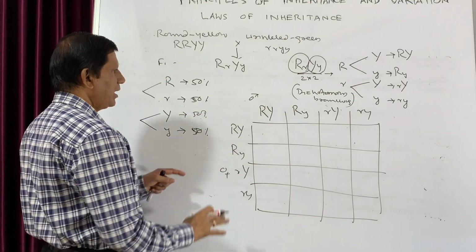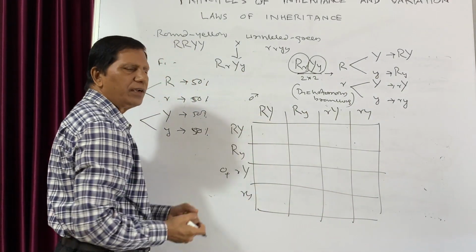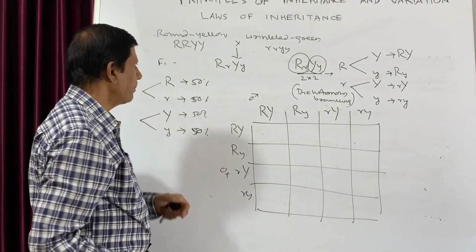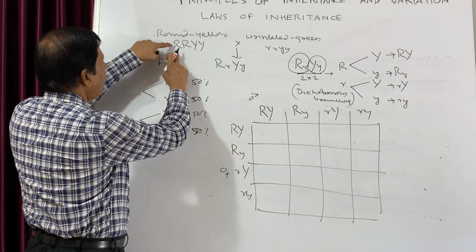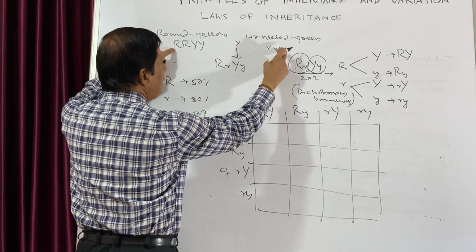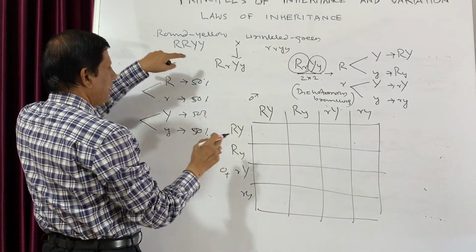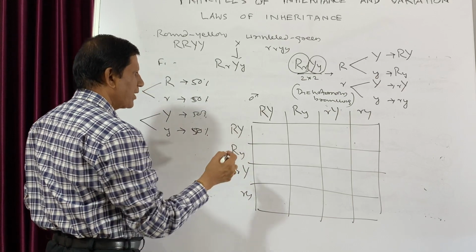Now you see, they will combine in any way they like, because capital R is not permanently associated with capital Y, or small r with small y. That means, when these crosses are made, what will happen?